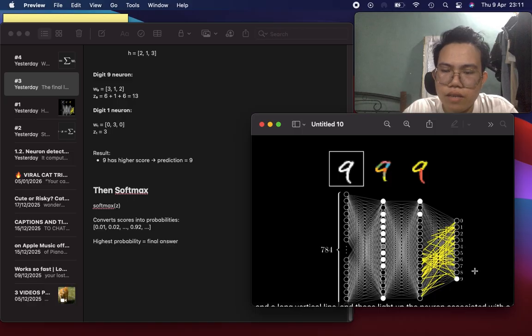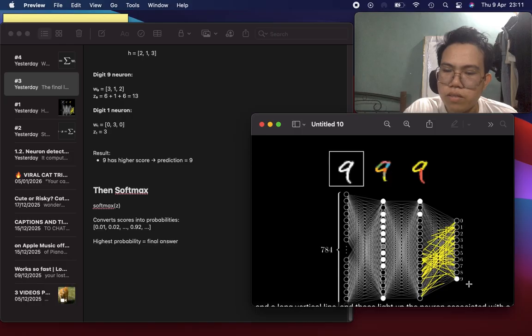So the result is that 9 has a higher score than any other class in the logit scores here. The 9 dominates, so the prediction is 9. And then softmax converts scores into probabilities. For example, for 0 the probability is 0.01, then 0.02, and the 9 is 0.92 that it is a 9.